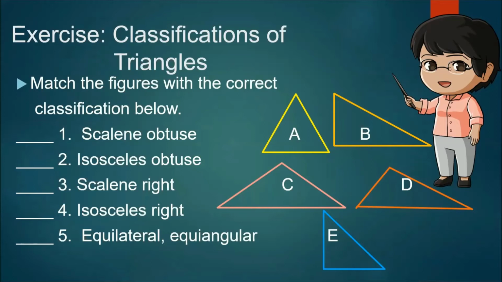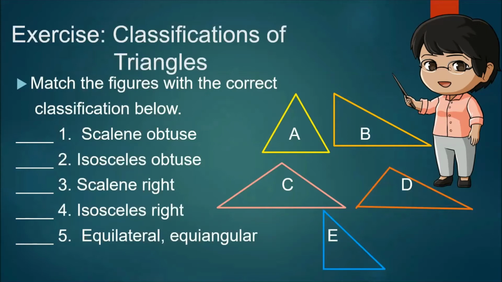So let us do this exercise, classifications of triangles. Match the figure with the correct classification below. Number 1, which of these figures is a scalene obtuse triangle?